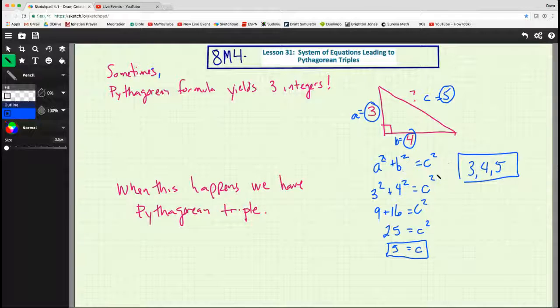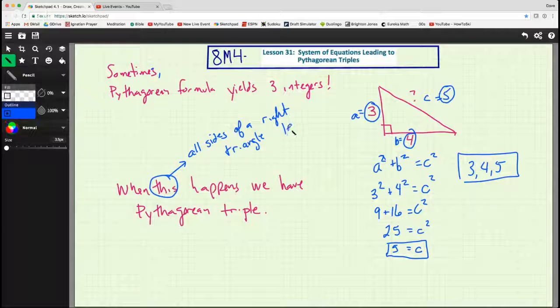This means all sides of a right triangle measure lengths that are integers.